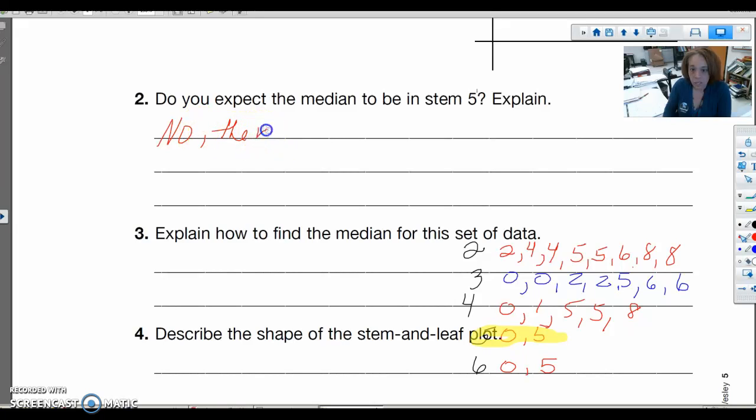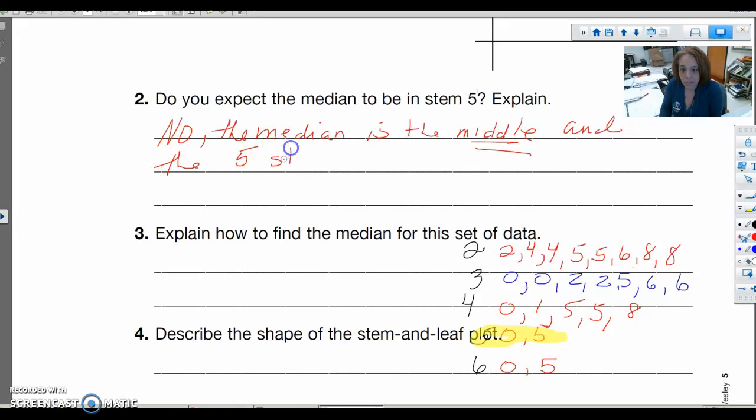So the median is the middle, and the 5 stem does not have enough leaves. I'm going to write leaves in plural. Sorry for that messy writing.